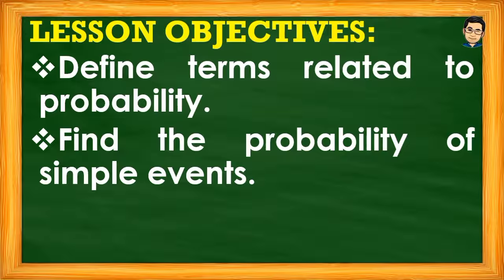Then after that, we will find the probability of simple events. Okay, so hindi ba meron tayong simple, meron tayong compound. First, before we proceed to compound, kailangan meron tayong idea what do we mean by simple events. So, paano natin sinosolve yung probability ng simple events.